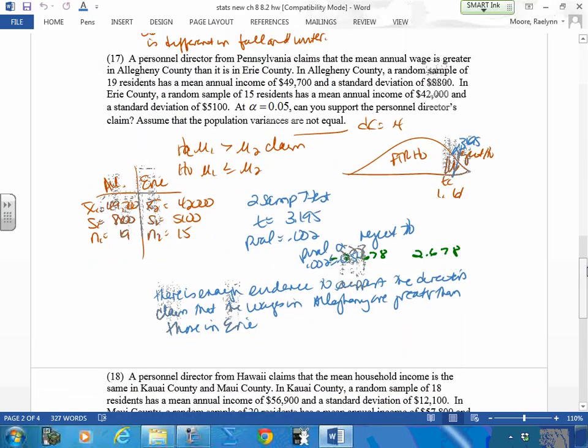If you look in your book on 8.3, just turn the page slightly. Turn to page 439. These are when your samples are dependent. You would have to do all that information.